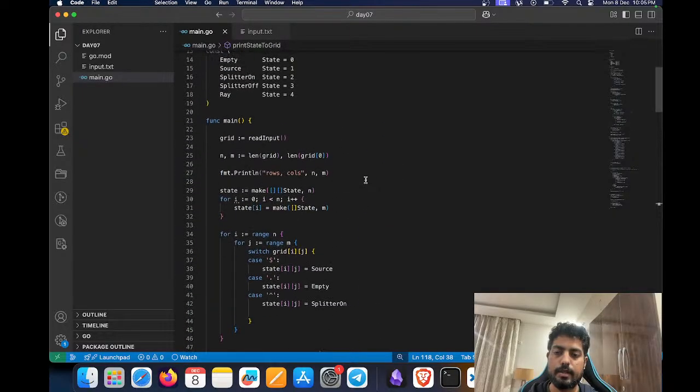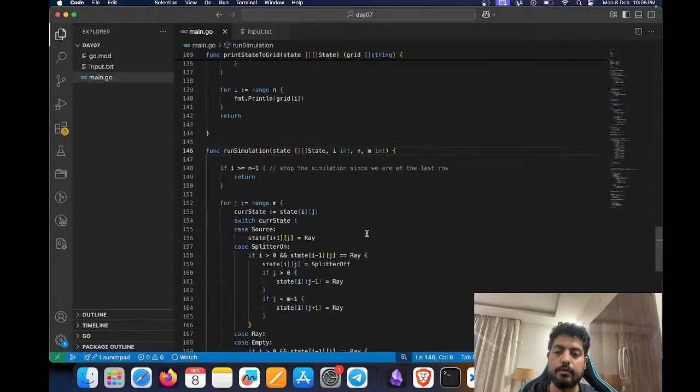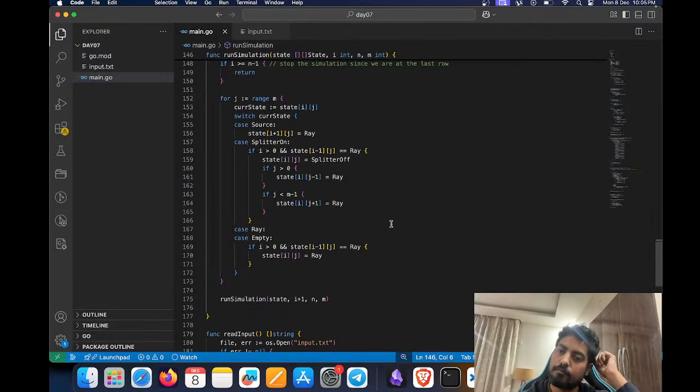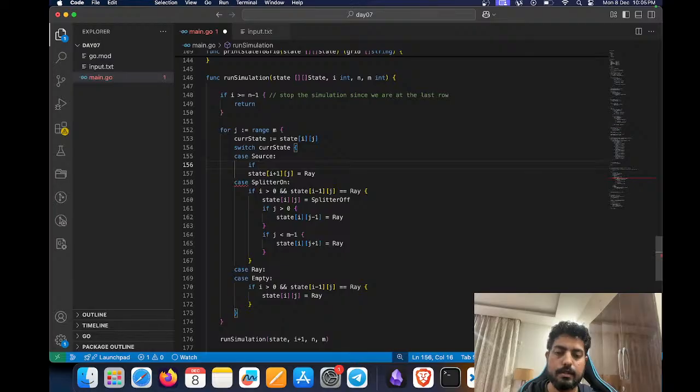So when we are running the simulation, we will also run the simulation on the very last row. I was not running it because I wanted to avoid one of the cases here, which is this case. So I'll just handle it if i is less than n minus 1.